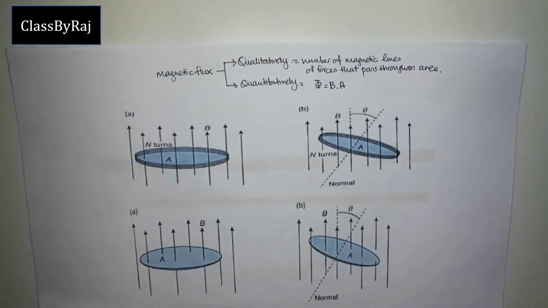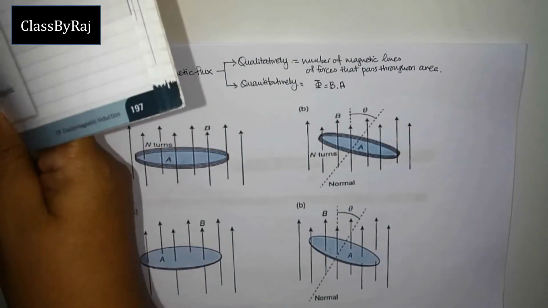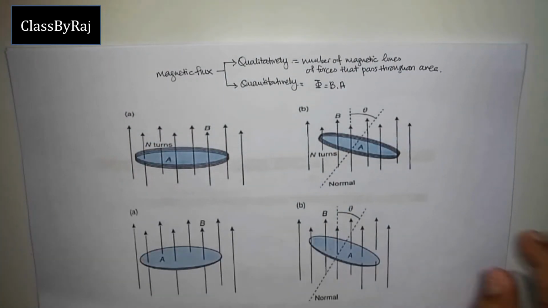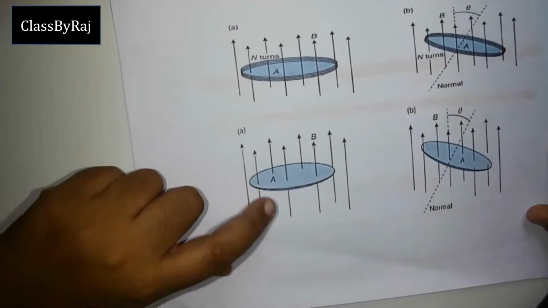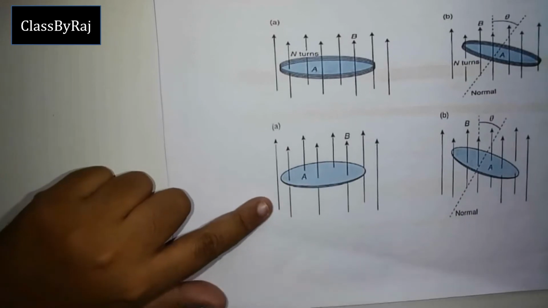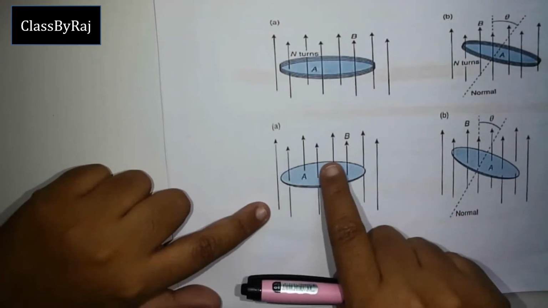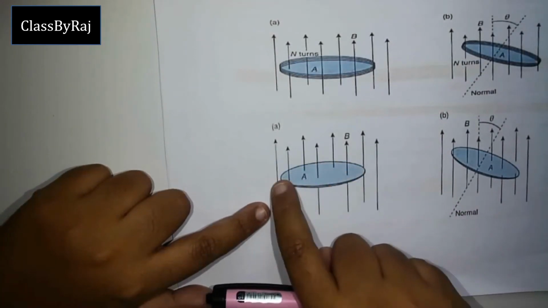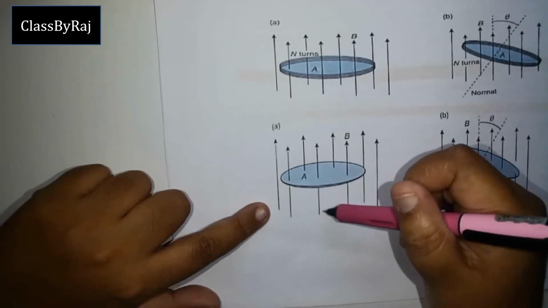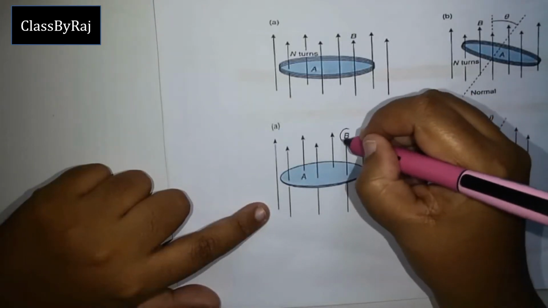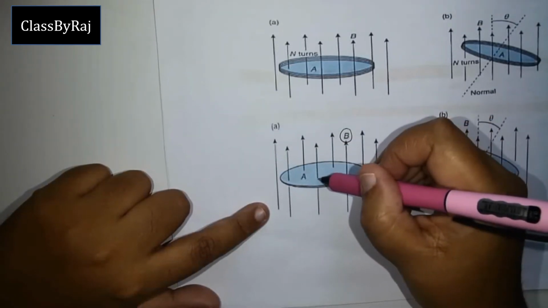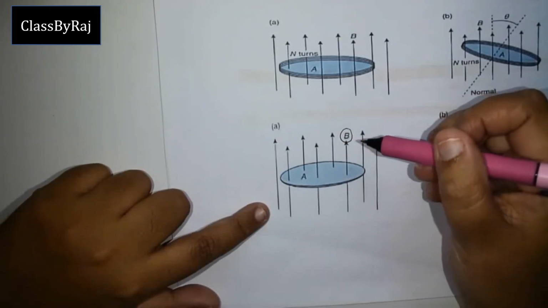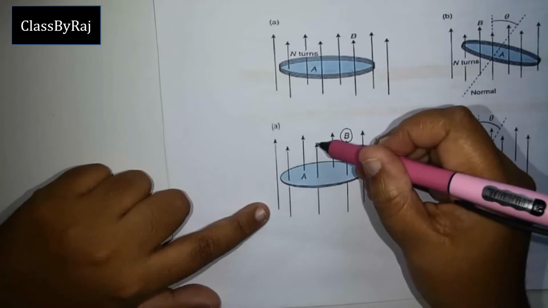Okay, let's look at this example, class. This is the first example. I have an area here. Magnetic field lines of force with a strength of B are passing through the area, and the direction of the magnetic field lines is in this direction.